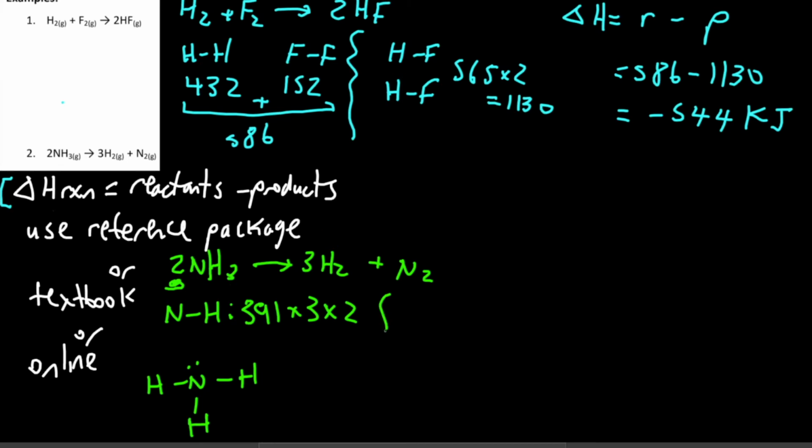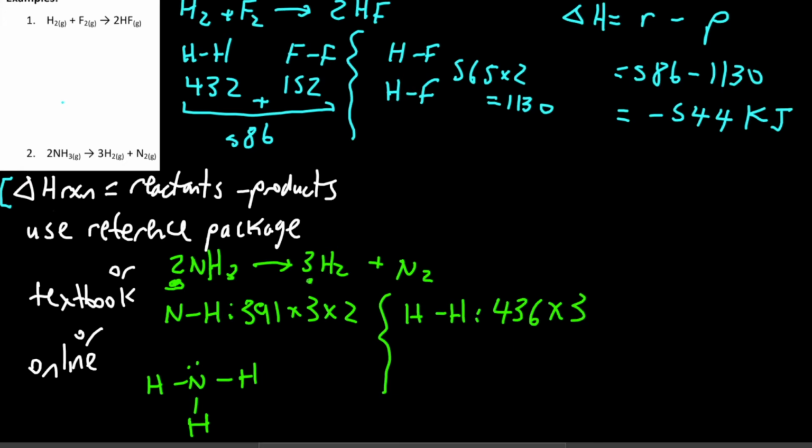Now in terms of hydrogen, so H to H bond, the H to H bond is 436 in my reference package times 3 because there's 3 of them in our formula.